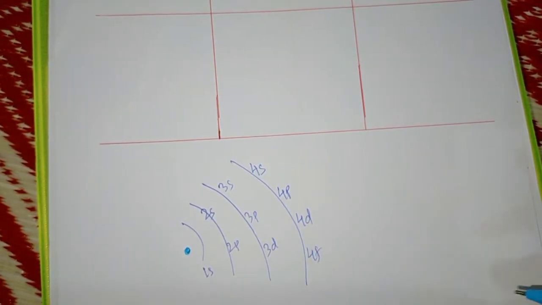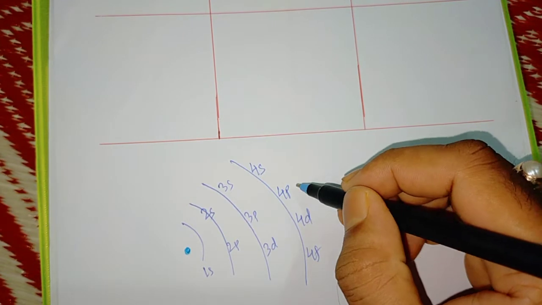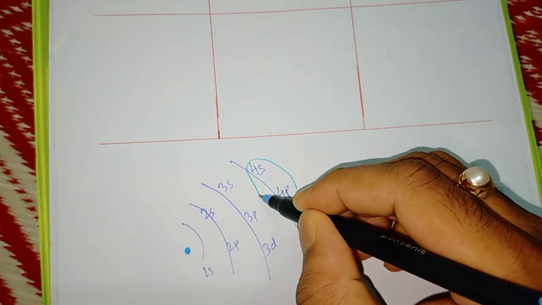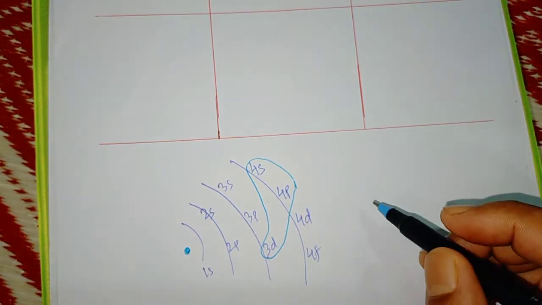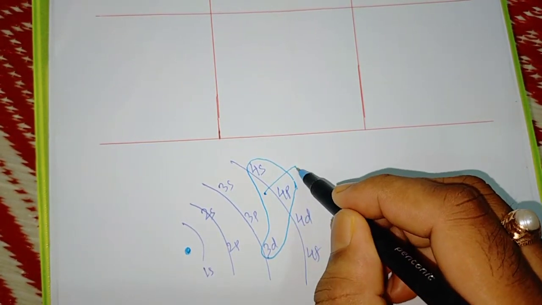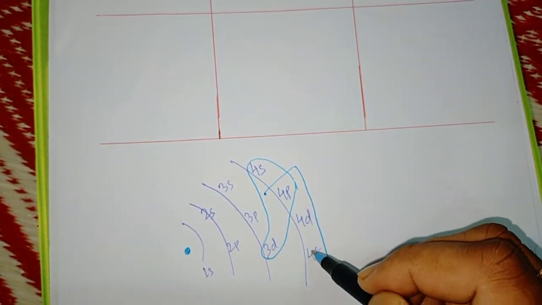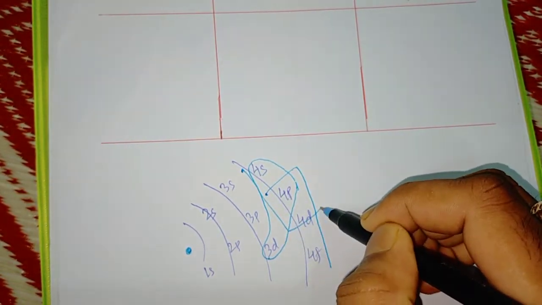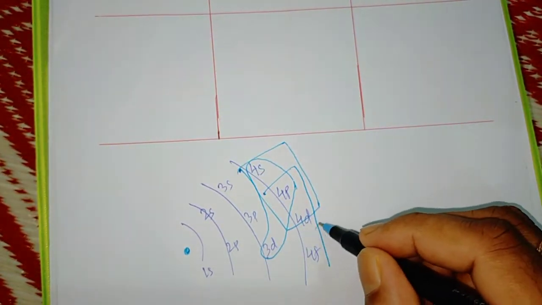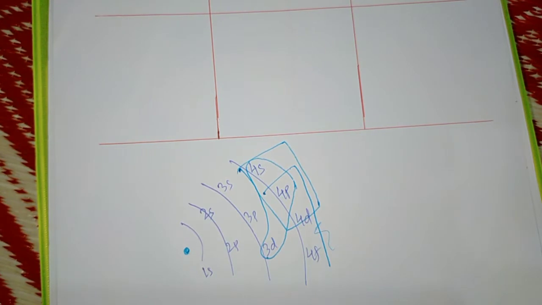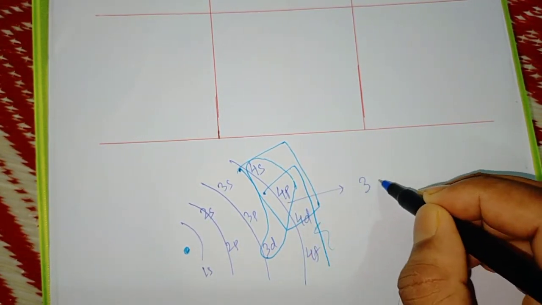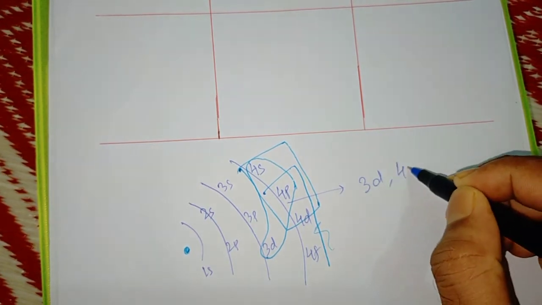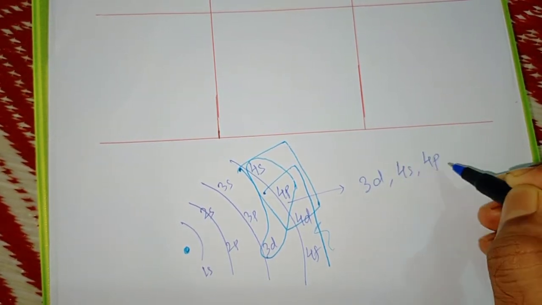Sometimes hybridization takes place between these orbitals, and sometimes the hybridization takes place between 4s, 4p and 4d. So that is what we have written also. This is 3d, 4s, 4p.